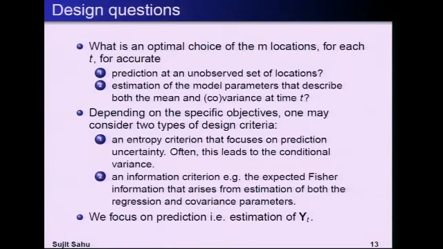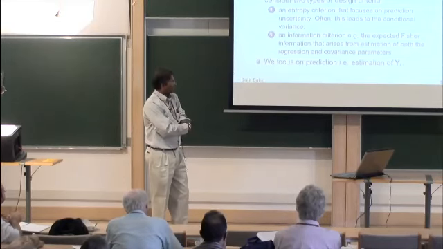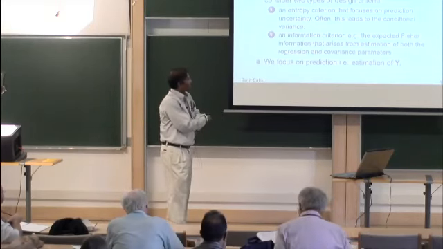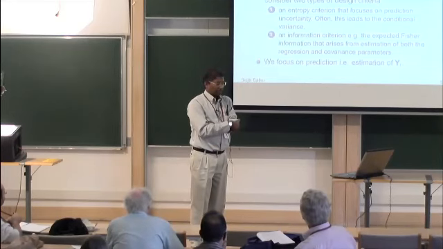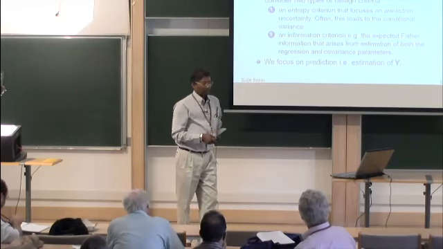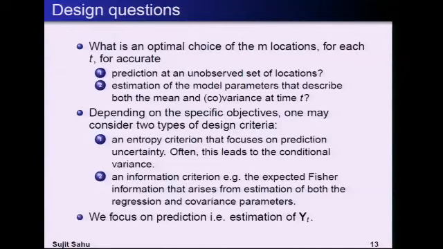One is an entropy-type criterion that focuses on prediction; often this leads to the conditional variance, that is, if you want to predict at a new location, the conditional variance of that prediction. The other is an information criterion, the expected Fisher information matrix that arises from estimation of both the regression and covariance parameters. Here we focus on prediction, but in our model that really is estimation of Y_t, which is a very large vector. So for us prediction and estimation would be the same thing.